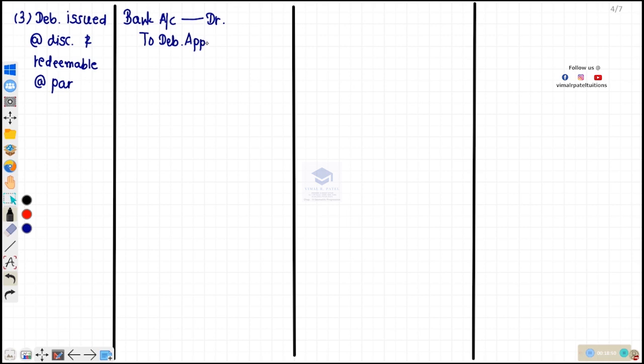Bank account debited to debenture application and allotment, 90, 90. Debenture application and allotment account debited, 90.